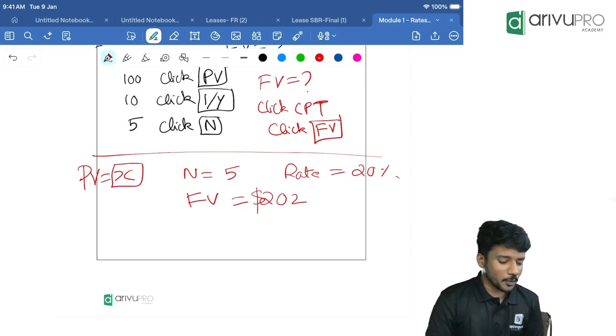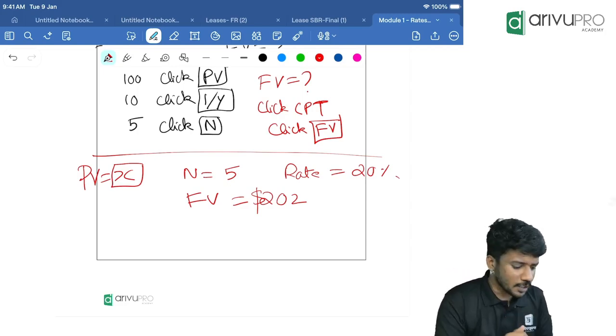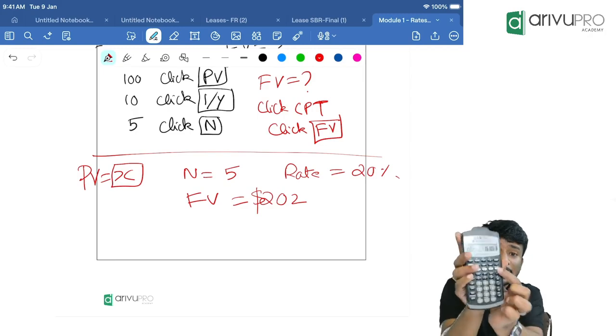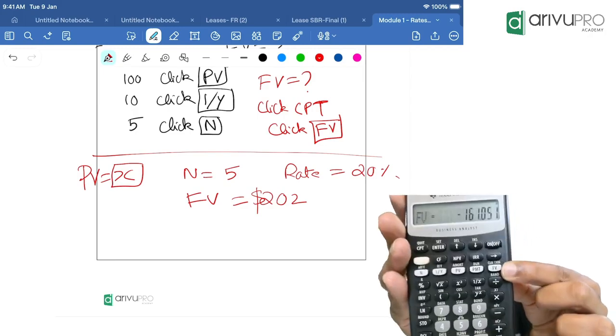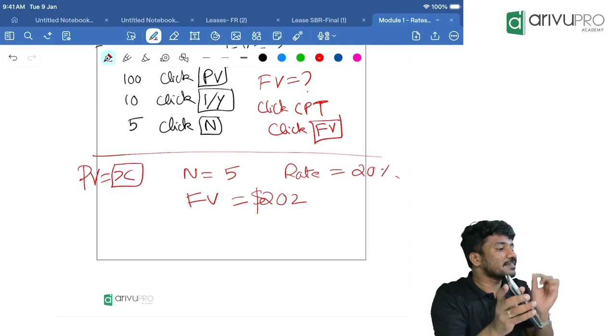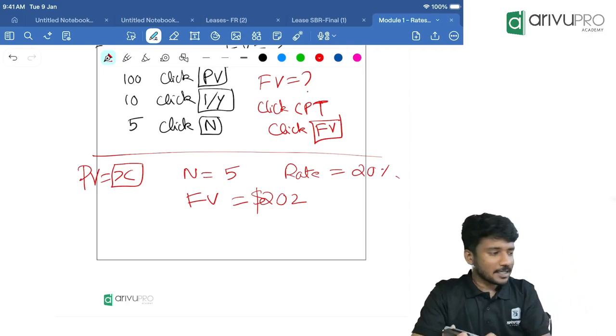Now, first of all, before doing any question based on our time value of money, we need to clear. There is something called clear TVM, above FV. How will you clear the TVM? Click the second button, then click clear TVM.